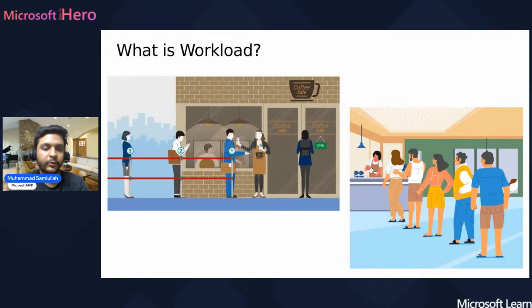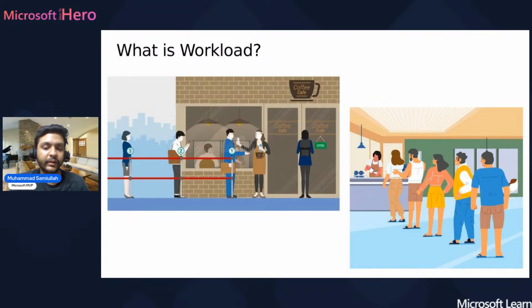So how will you define that workload? In technical terms we define this as a disaster recovery option. If suddenly something goes wrong, what will you be doing? Or you can say auto scaling. What if this coffee shop hires a lot of employees for the traffic, but suddenly the traffic drops to 5 to 10, and then suddenly it rises again?